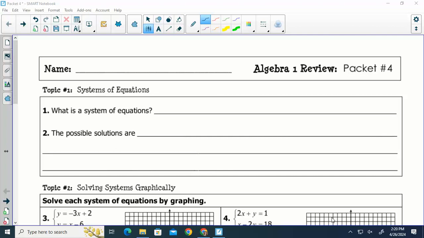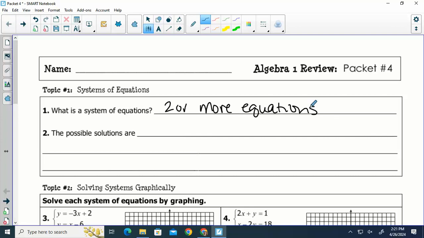All right. So a system of equations is just two or more equations. So we are looking at two or more equations at the same time.